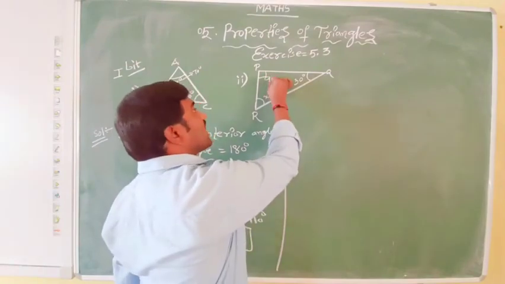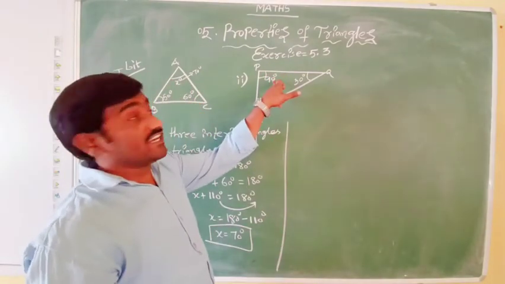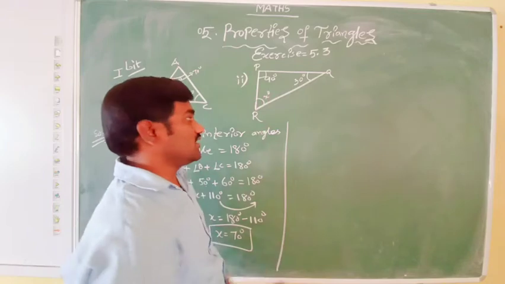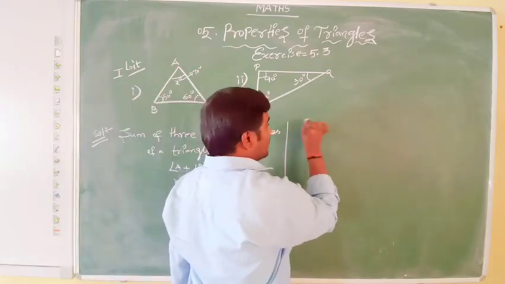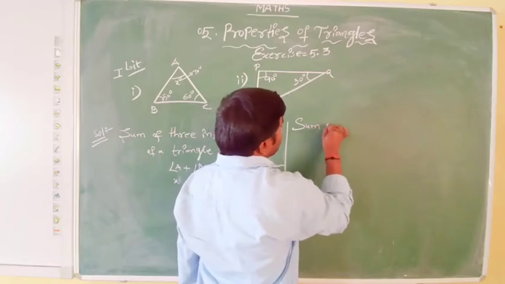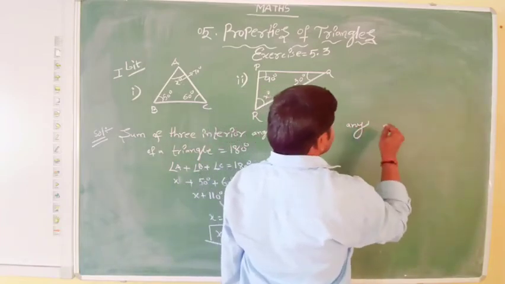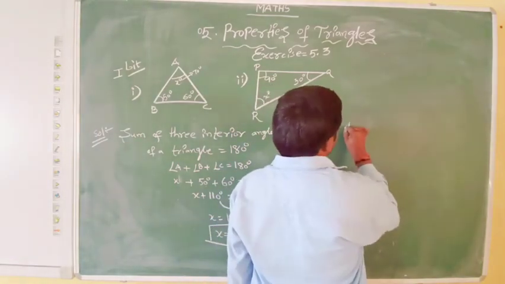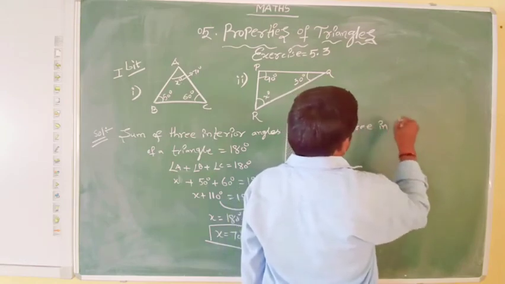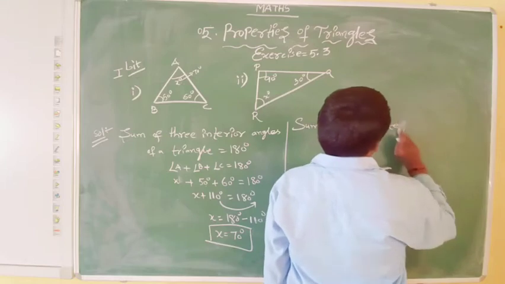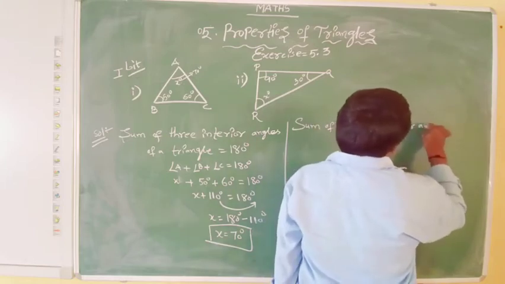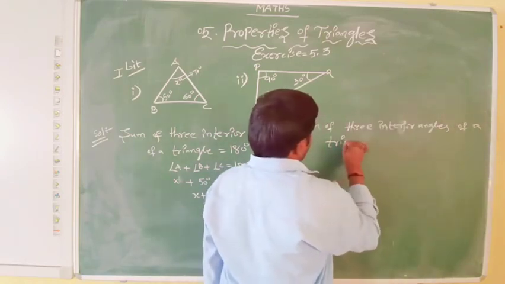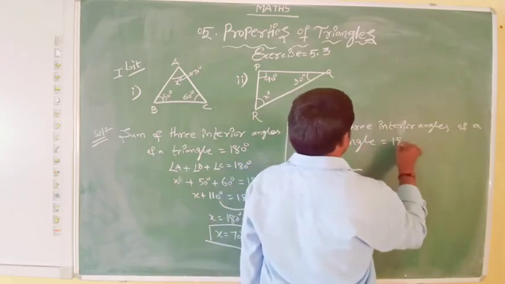Here we know that it is a right angle triangle, so it will definitely be 90 degrees at the angle P. Then we need to find the angle x, that is angle R. By the angle sum property of a triangle, the sum of three interior angles of a triangle is equal to 180 degrees.